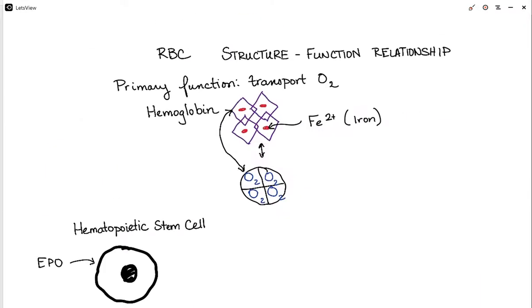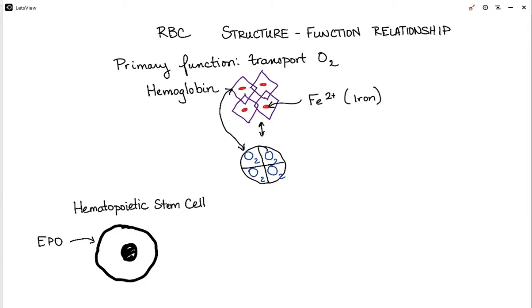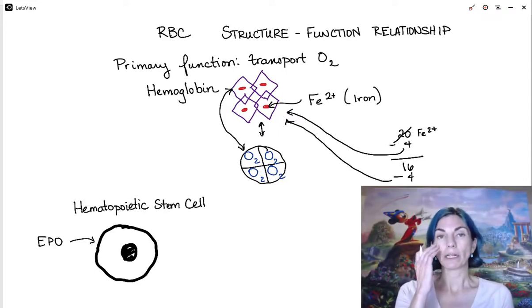So let's say that I have 20 iron ions available. How many hemoglobin molecules could I make? Well, I could subtract 4 to make 1, and that would leave me with 16. Then I could subtract another 4, and that would leave me with 12, so now I've made 2, etc., and you'll realize it's really just 20 divided by 4. In other words, I could make 5 hemoglobin molecules.